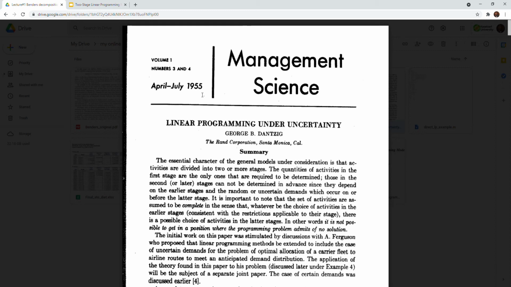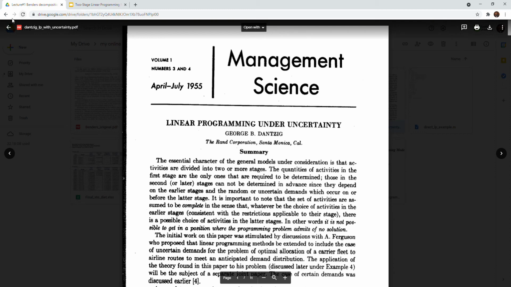In the real world, there was some data that cannot be confirmed as certain. But the original linear programming required that there were some parameters that you need to know exactly the values of before solving it.